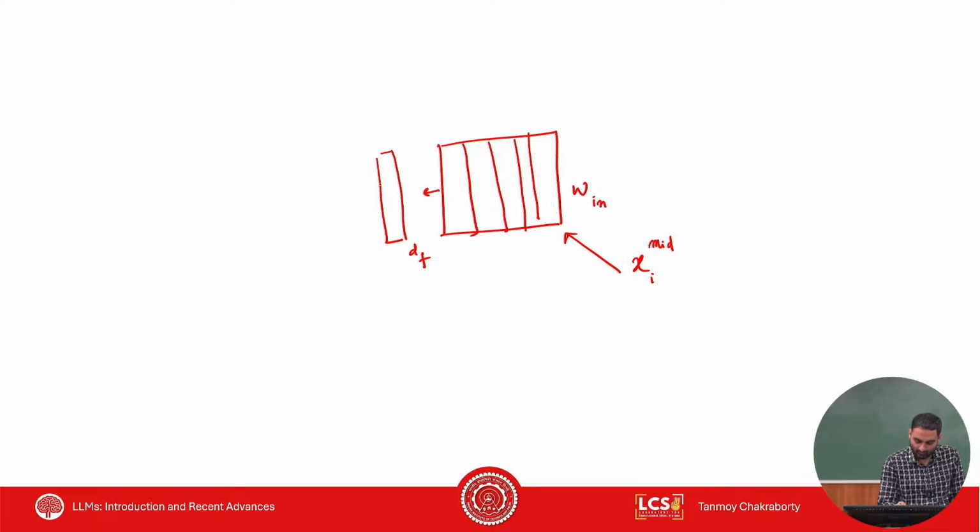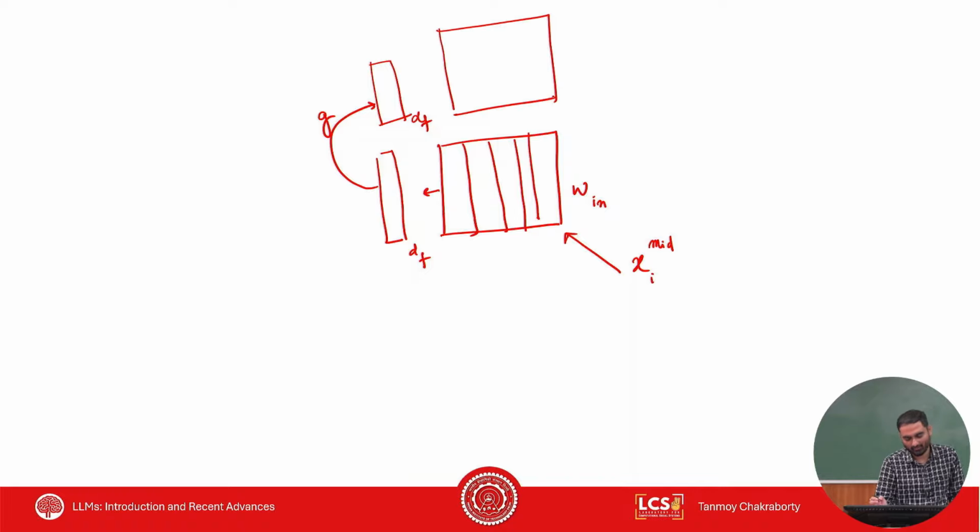This will be passed through G, which will produce another vector of size df, and you have this value matrix W out. You multiply this with this, and it will basically produce a vector of size d.